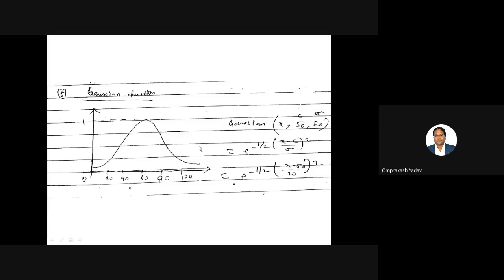And then sigma: if you change the sigma, for example reduce or increase, this will expand or contract. So this will become more peaked, or a little bit flatter. Yes, sir, this will be reduced and expanded if you change the sigma value.